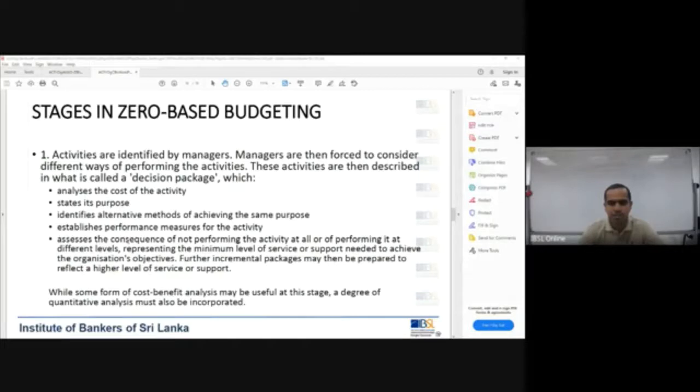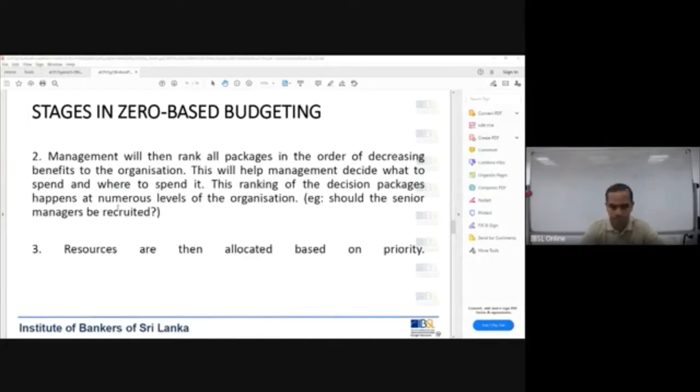These activities are then described in what is called a decision package, which analyzes the cost of the activity, states its purpose, identifies alternative methods of achieving the same purpose, establishes performance measures for the activity, and assesses the consequences of not performing the activity. While some form of cost-benefit analysis may be useful at this stage, a degree of quantitative analysis must also be incorporated. Right? So activities are identified initially.